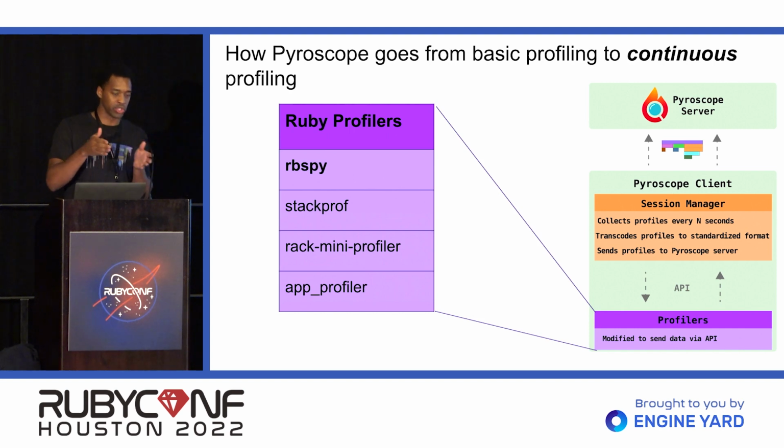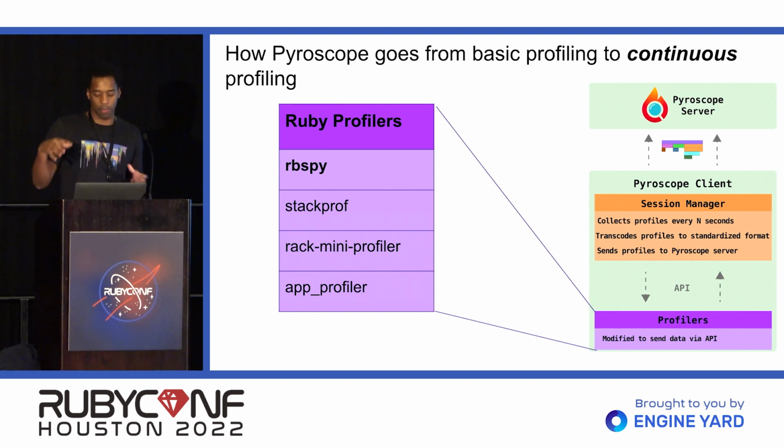Then you can use Pyroscope to query it, think like Prometheus or something like that, where you can go in and make sense of the data in retrospect, as opposed to having to predict when something's going to go wrong and have the profiles that way.